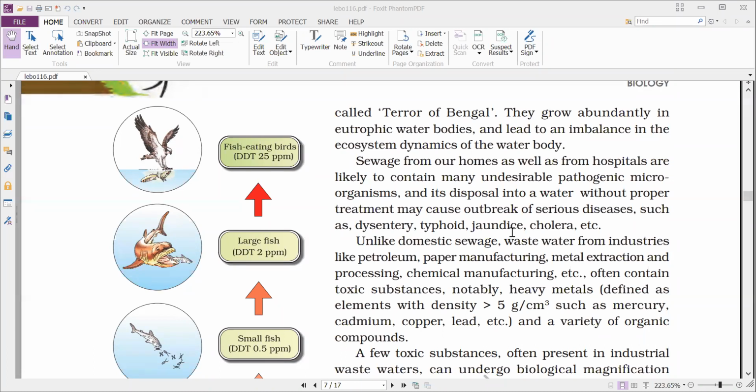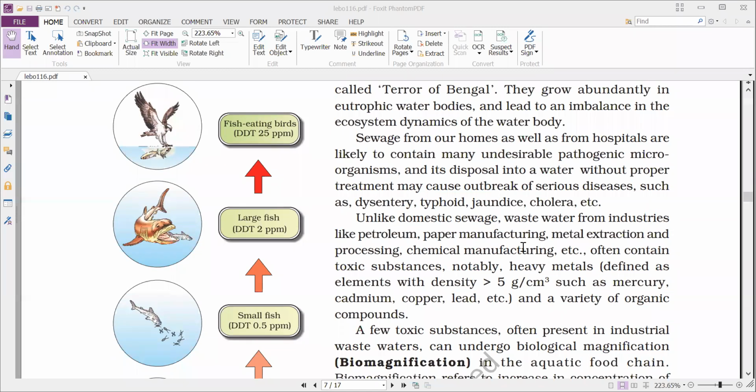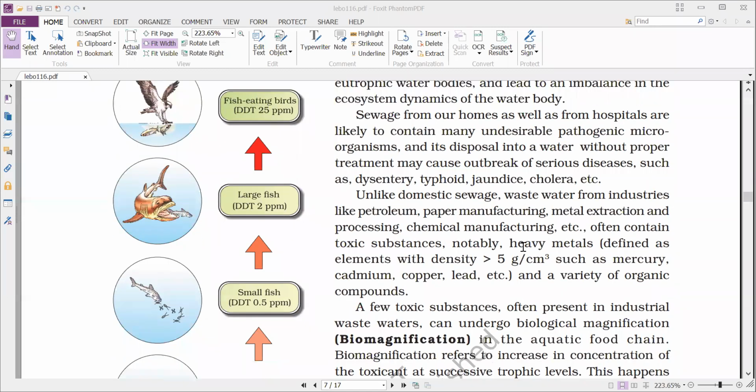And another important problem that is created by polluted water is that sewage from our homes as well as from hospitals is likely to contain many undesirable pathogenic microorganisms.